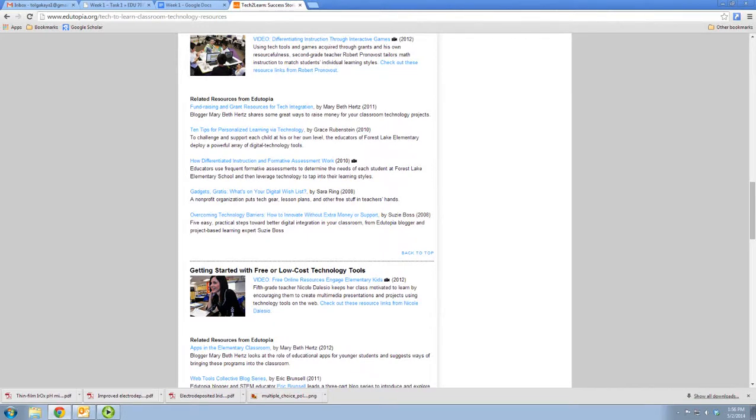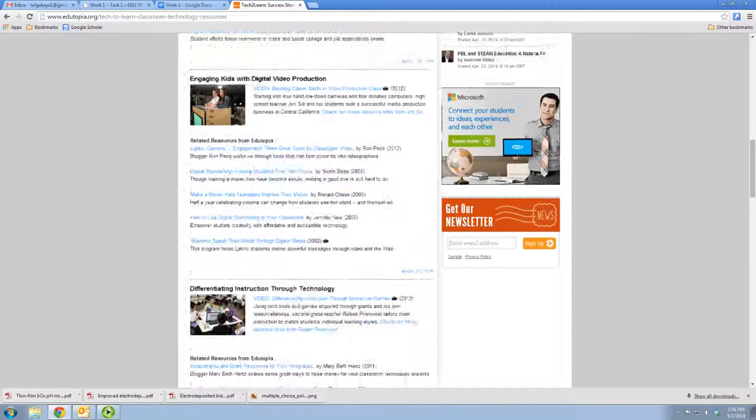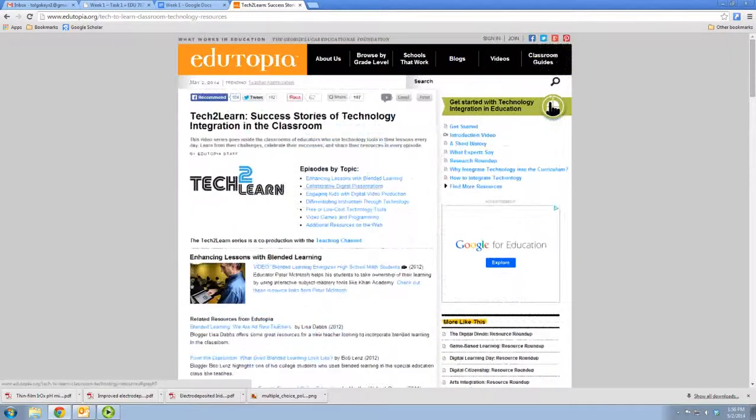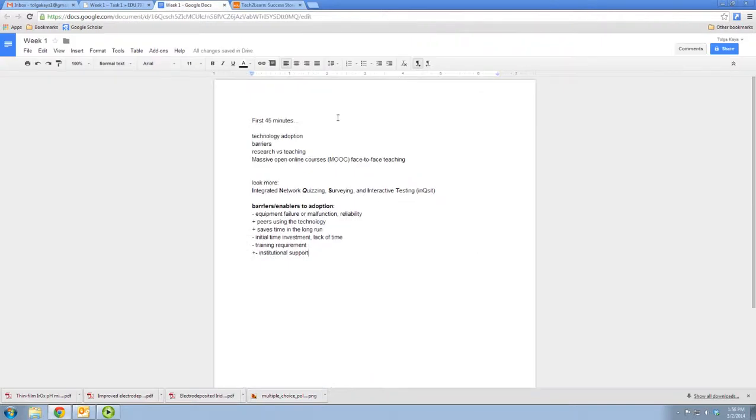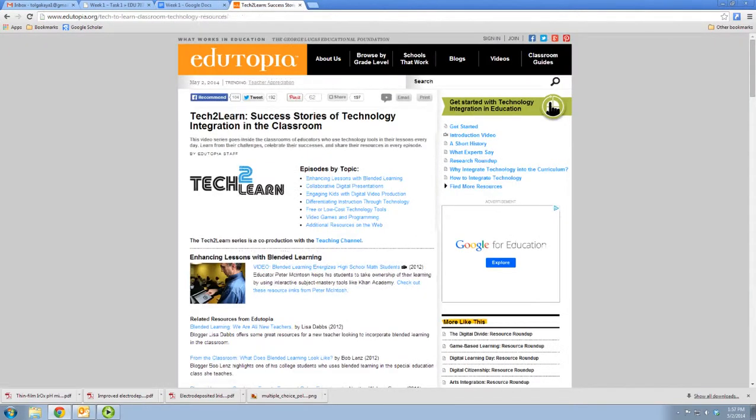Technology tools. I think I found peers using the technology. That's not really an enabler, but saves time in the long run. Institutional support is not an enabler, well, somewhat. I want to find more positive things. I'm not sure about that.